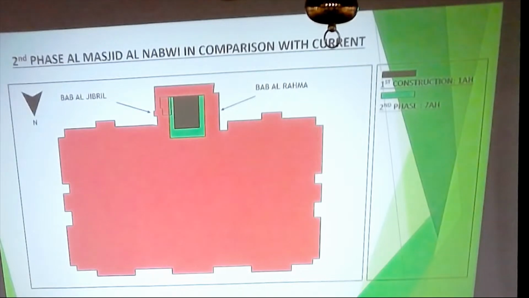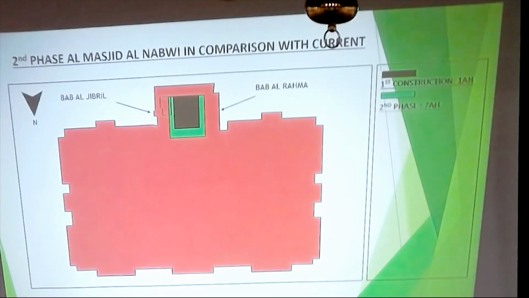The pink on the outside is a current plan of the Masjid al-Nabawi. And then you had the second extension, that small little thing on the side, that was where the green dome is, the house of Aisha radiallahu ta'ala anha, and where Rasulullah sallallahu alaihi wasallam is buried.